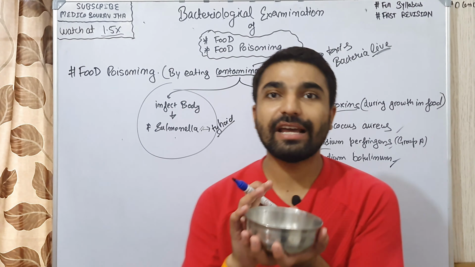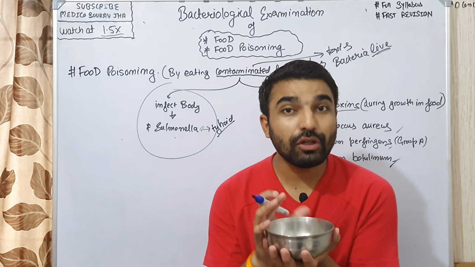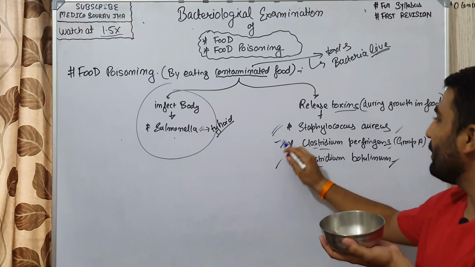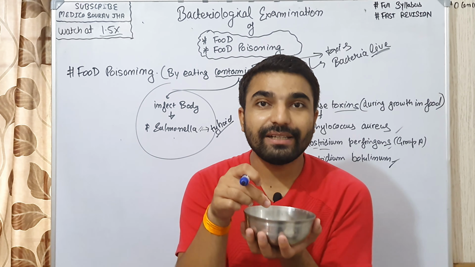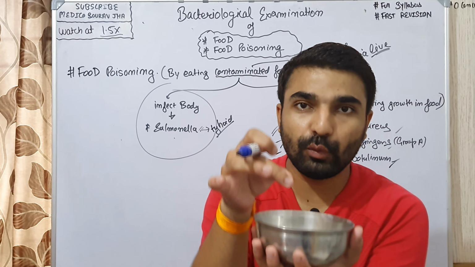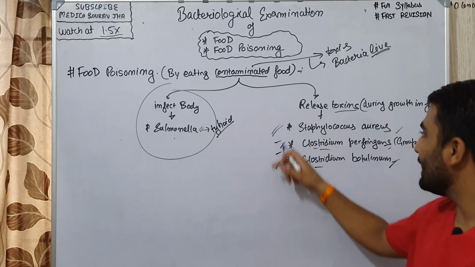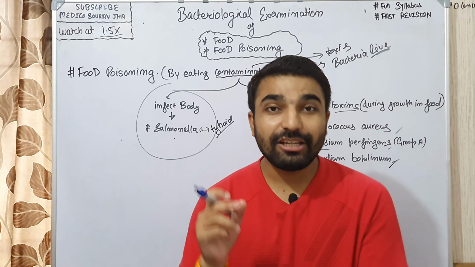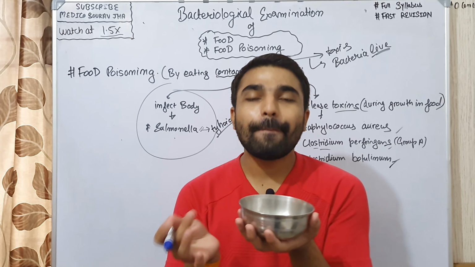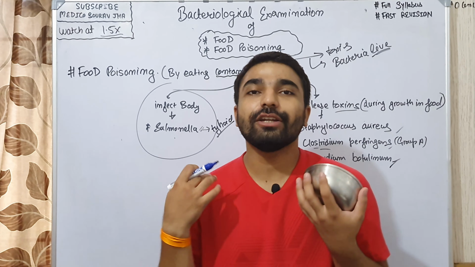Let's say this bowl has food, and this bowl also has some bacteria, these three bacteria. These three bacteria will grow on the food in this bowl, taking the food as a medium of their growth.